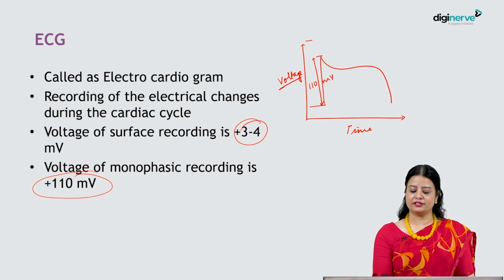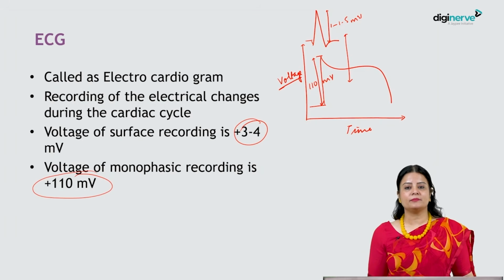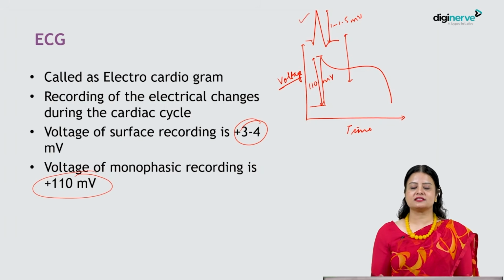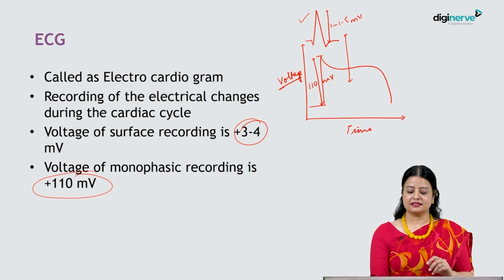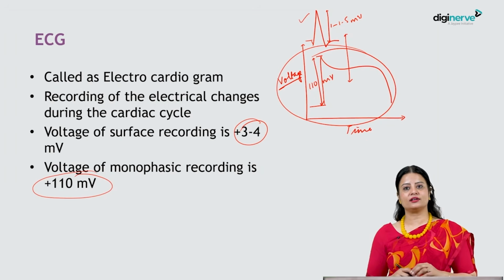But when we record a QRS complex, this voltage is around 1 to 1.5 millivolts. Both of them may be showing the same thing, but the site of recording is different. In ECG, the site of recording is the surface of the body, whereas this plateau potential is recorded directly from the cardiac muscle.